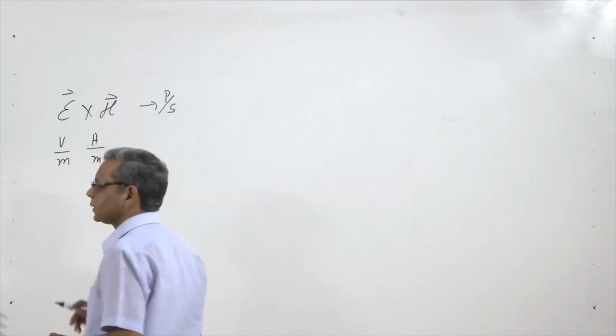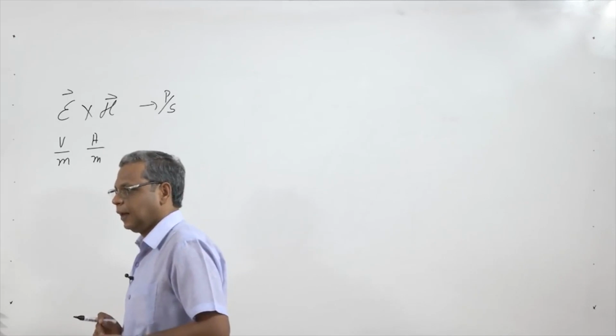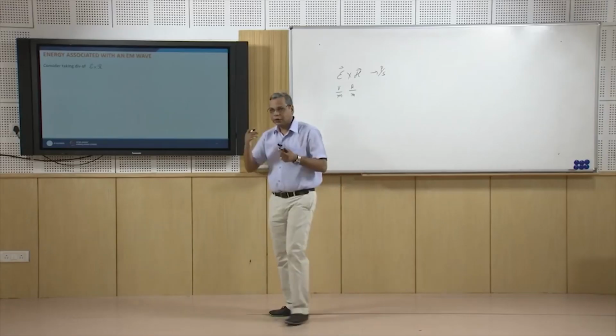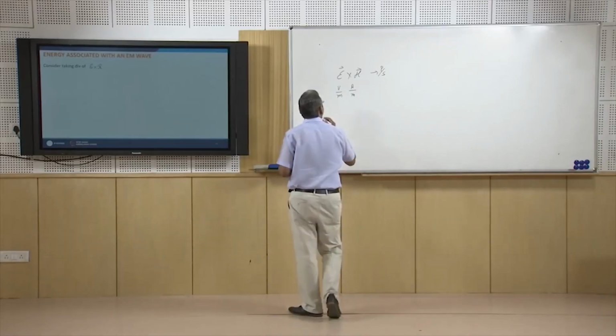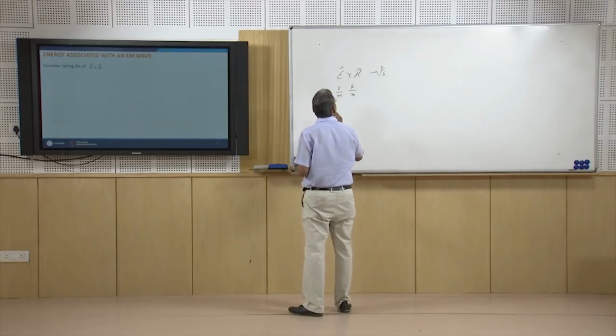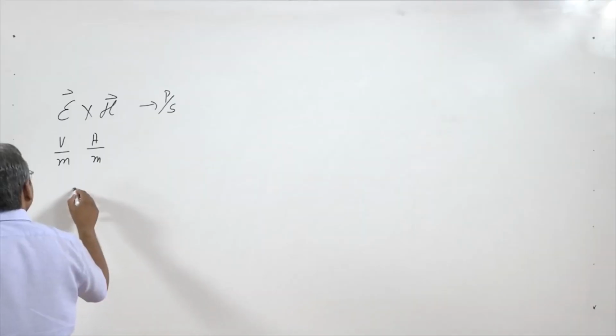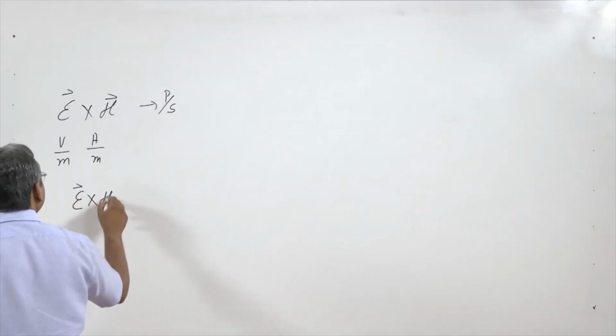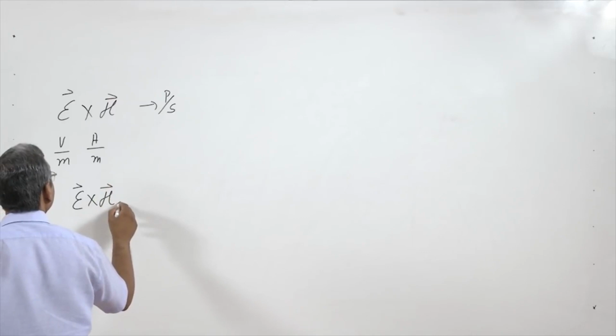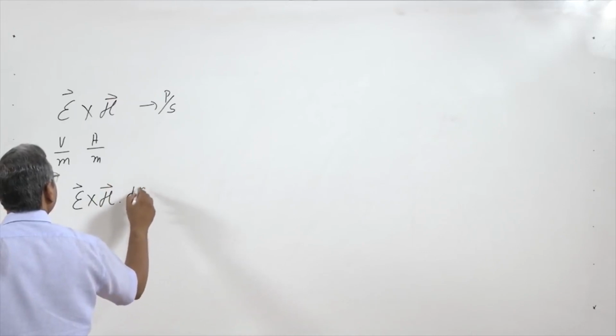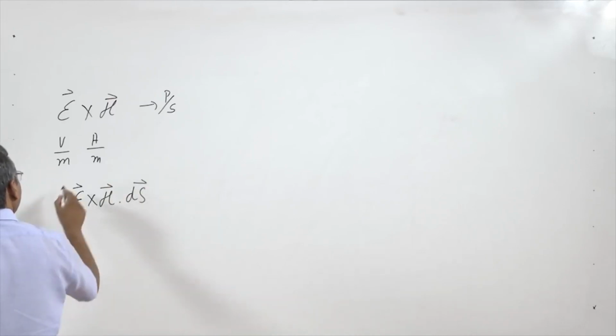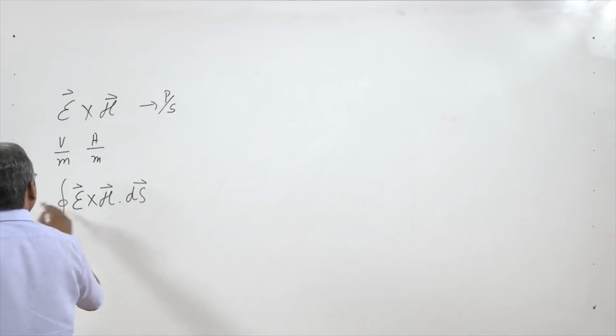Let us call it S. If I want to find out power, then I should take the entire cross-sectional area and integrate over the whole area.